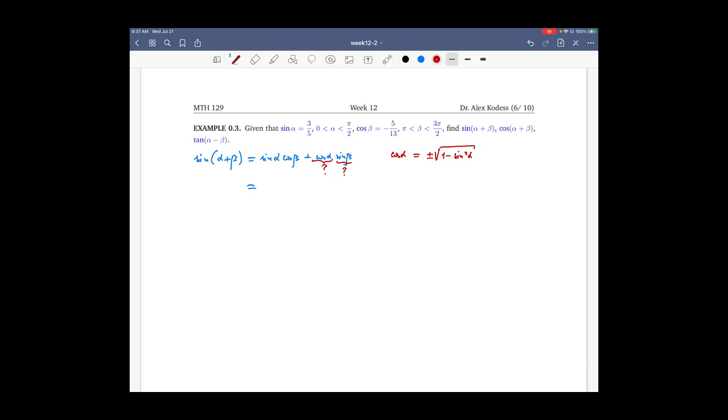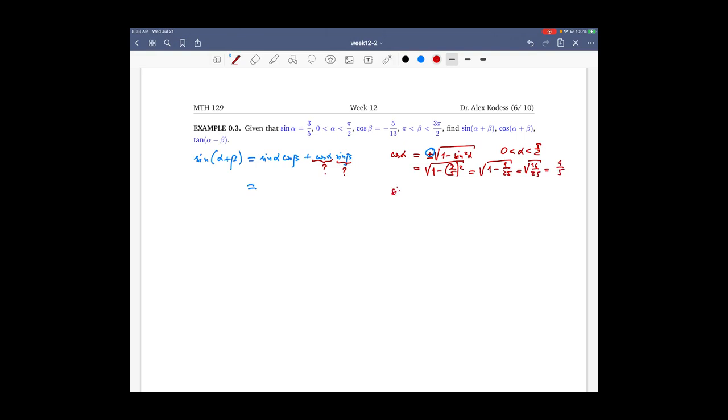And because alpha is between 0 and pi over 2, this is the first quadrant, so we need to take the positive sign. So this is the square root of 1 minus 3/5 squared. That's 1 minus 9 over 25, that's 16 over 25. And the square root of that is 4 over 5.